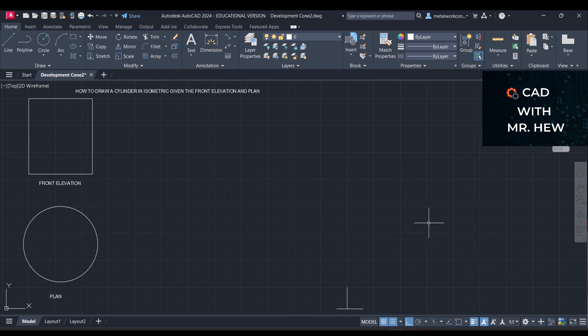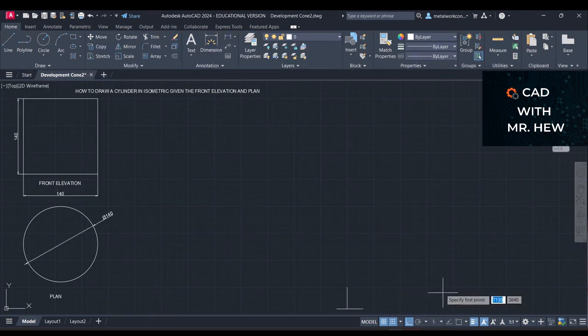We'll be drawing the receding lines going away from this point. So we'll be starting the isometric drawing for the cylinder.